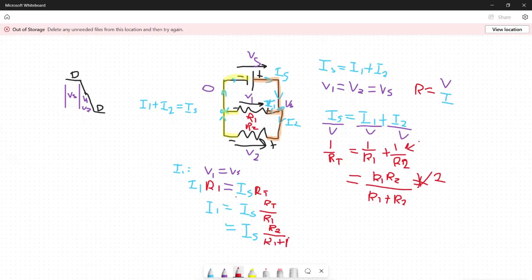Now this comes from using this formula for the total resistance. And now you notice that instead of being in terms of R1 now, it's in terms of R2. So that can trip a lot of people up. And this formula, once again, is only used if you have two resistors in parallel. If you have more, don't use it.